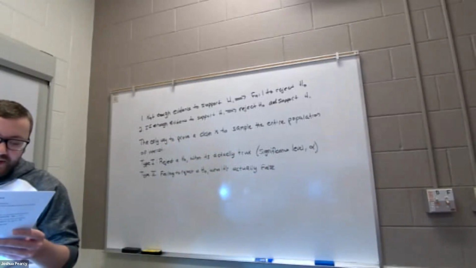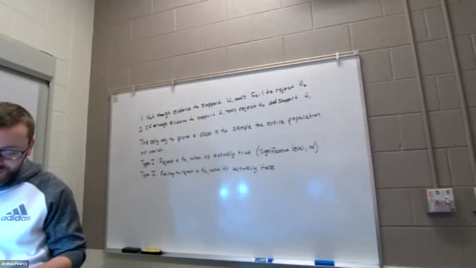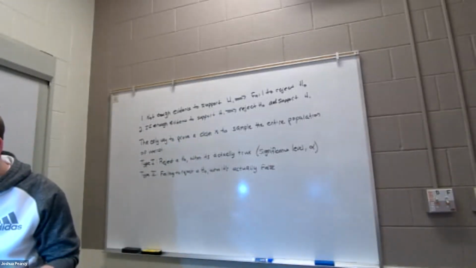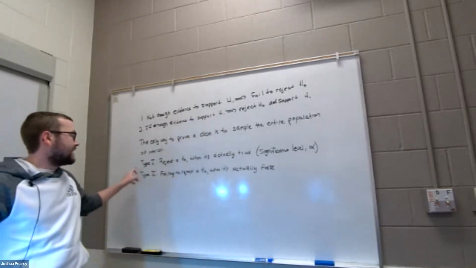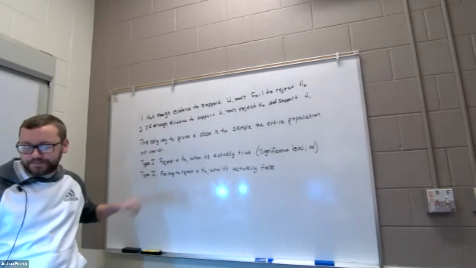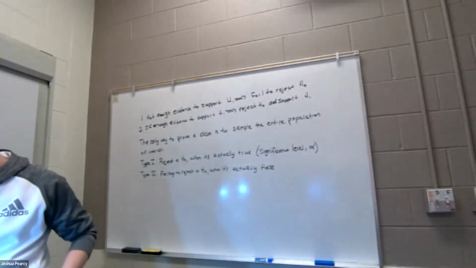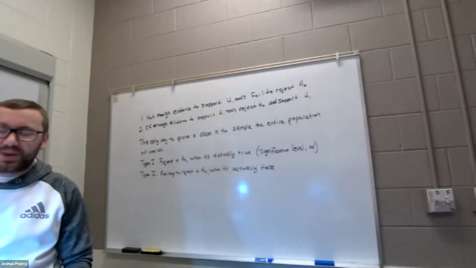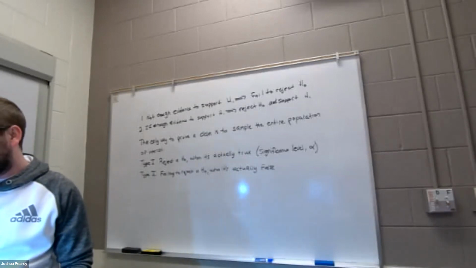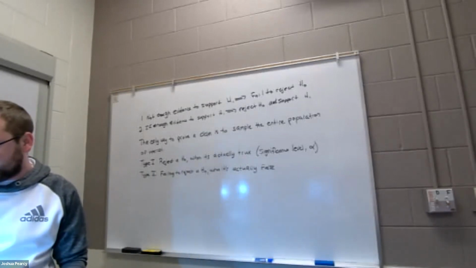Then on the left-hand side, it says the decisions: reject the null hypothesis or fail to reject. So if we reject the null hypothesis when it's true, that's just the definition of type 1 error. Then going to the right, if we reject the null hypothesis when it's actually false, that means we did a correct thing. That's a correct decision.